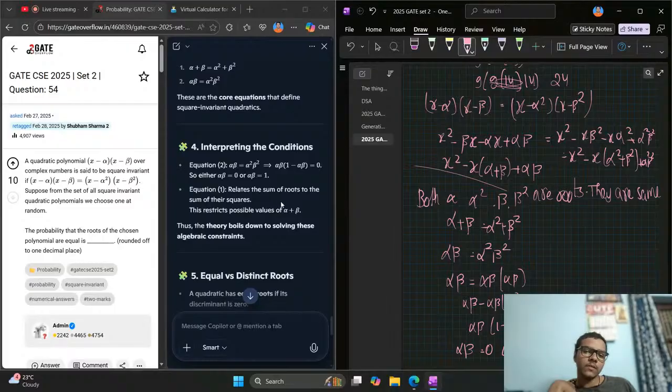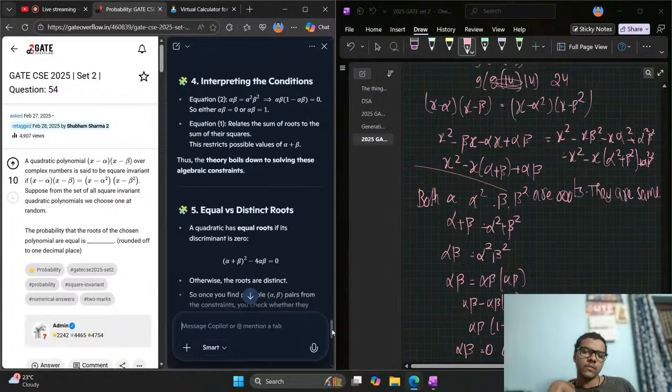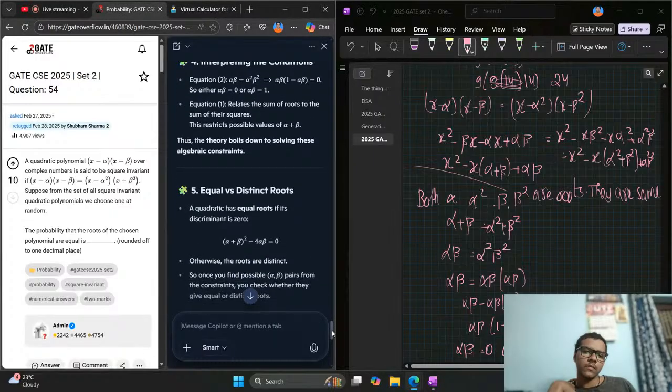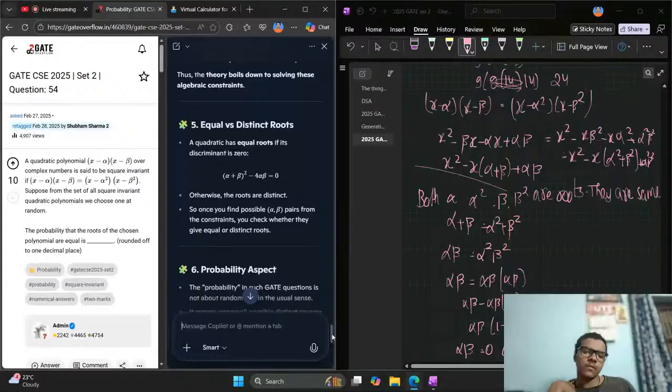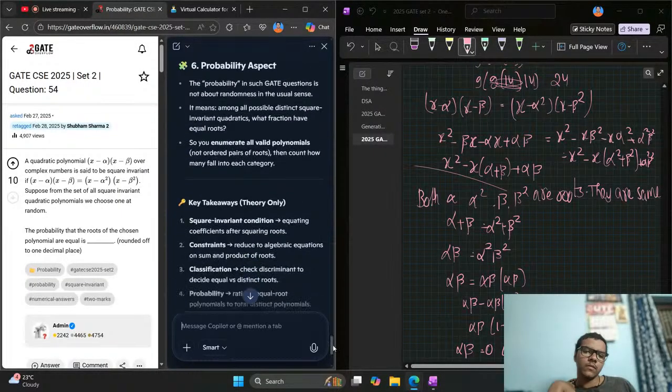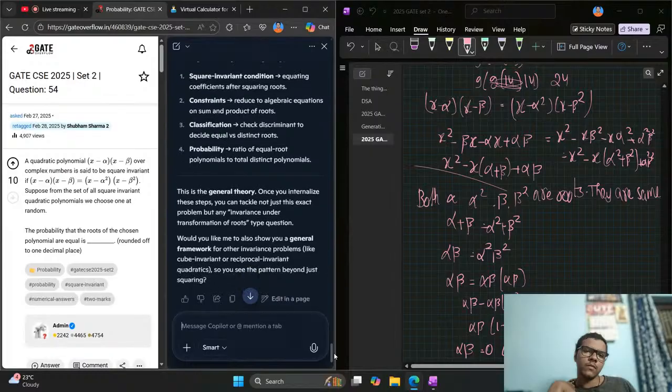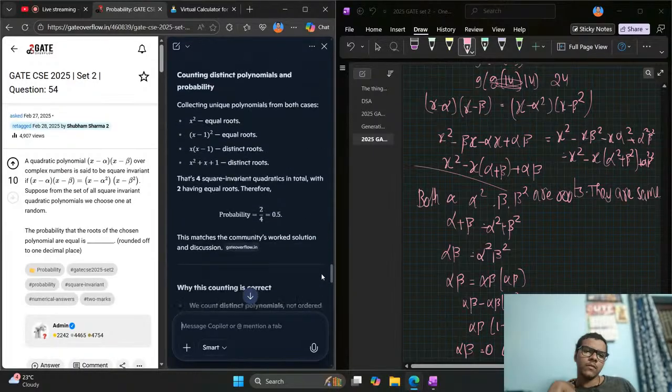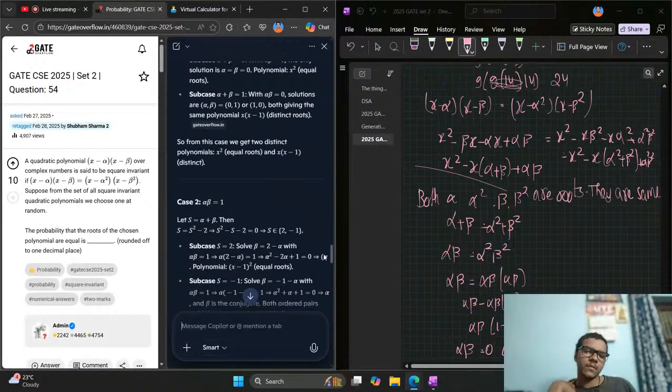Equation 1 relates the sum of roots to the sum of the squares.